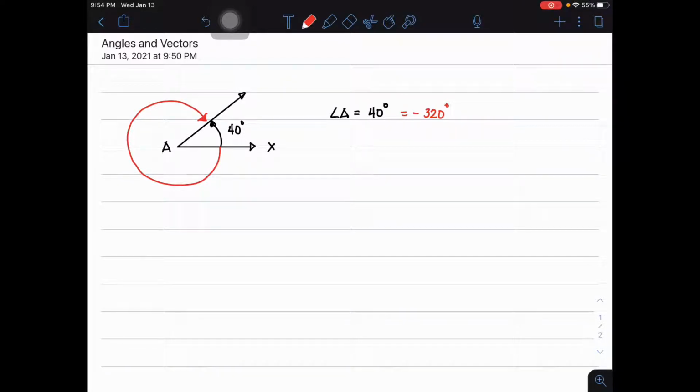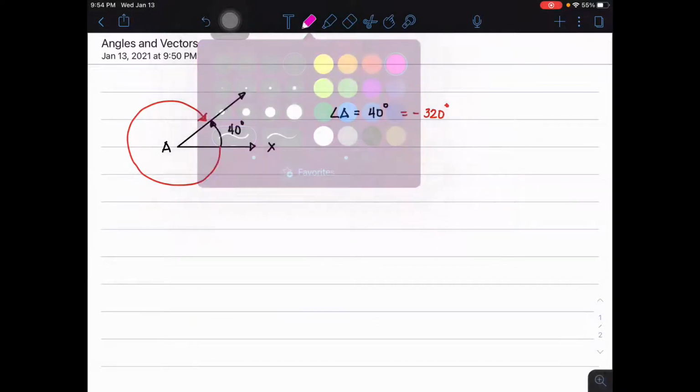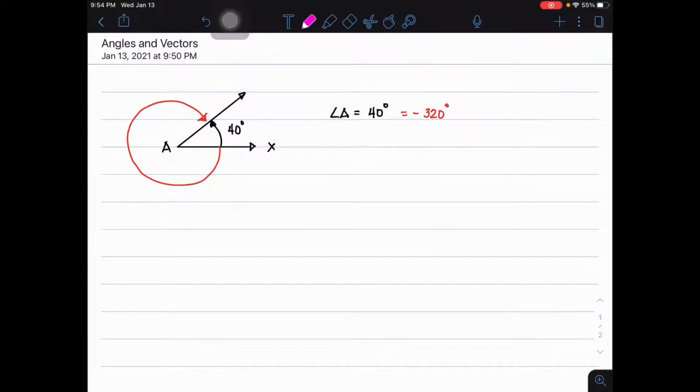You can also name this angle by adding one more revolution. Let's say we're going to take the positive direction, from this point, and then you add one revolution and an extra 40 degrees.